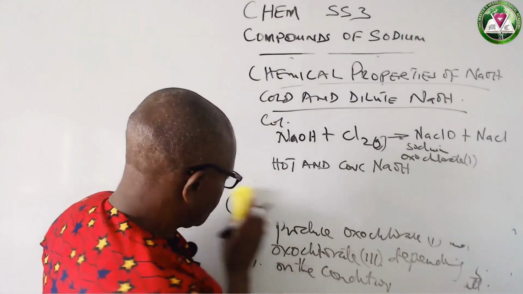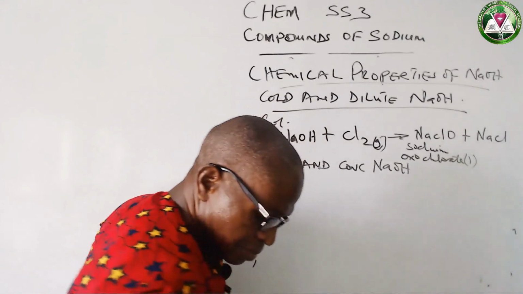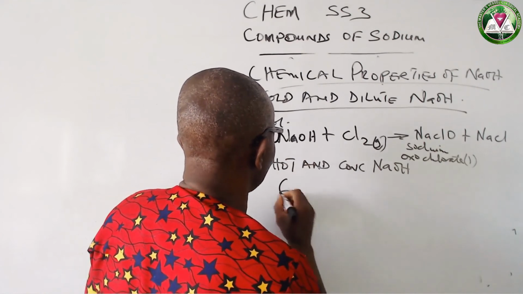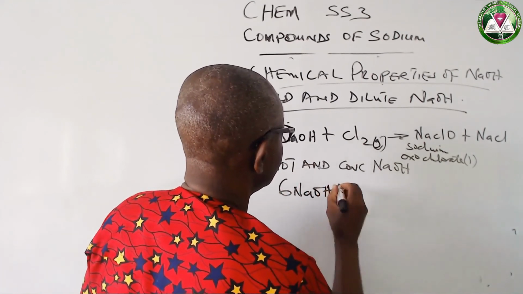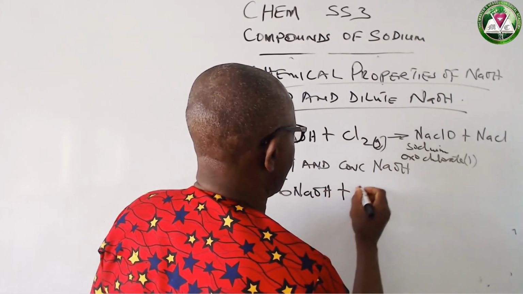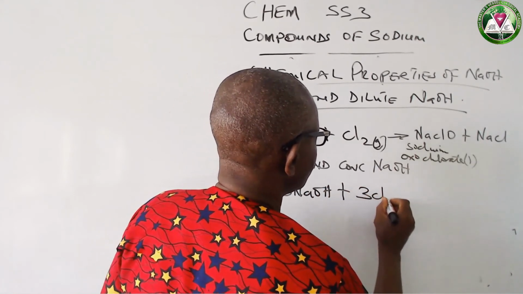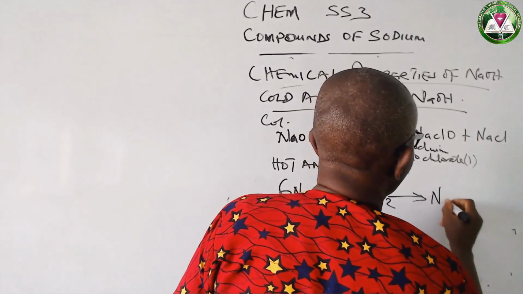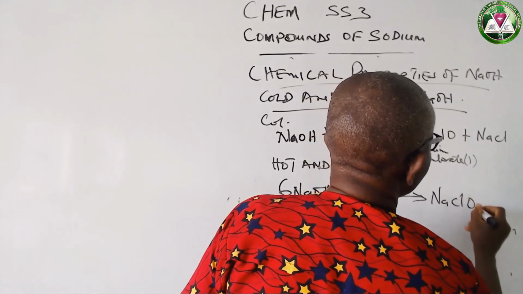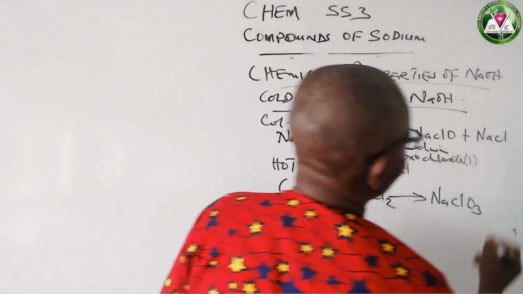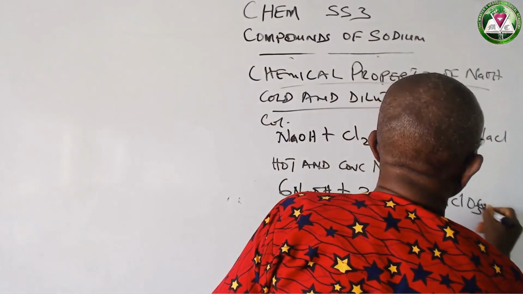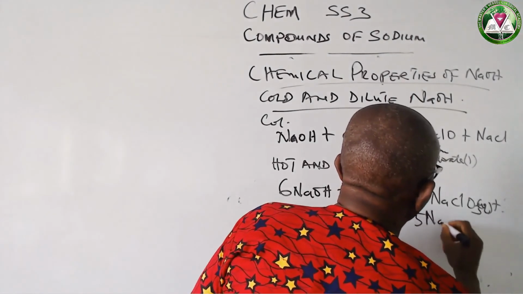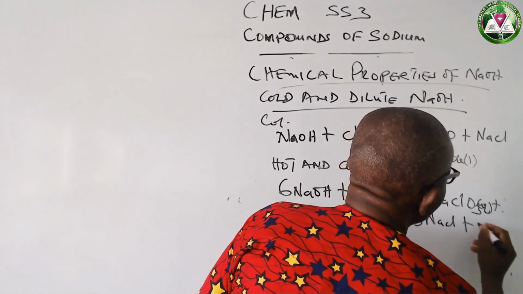Therefore, the equation is this. Since we say concentrated sodium hydroxide, it will be 6 moles of sodium hydroxide reacting with 3 moles of chlorine gas to give you sodium trioxochlorate(V) aqueous plus 5 moles of sodium chloride plus water.